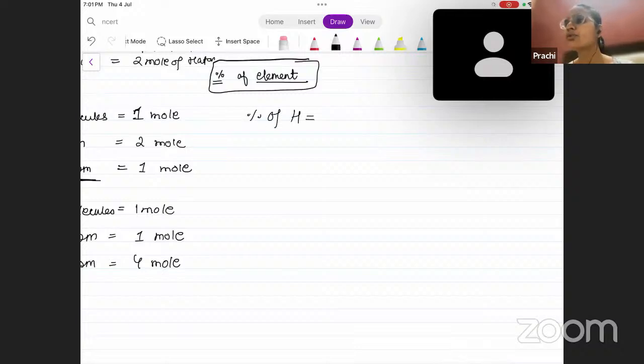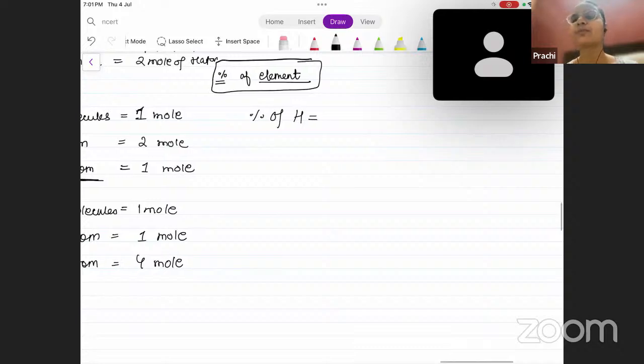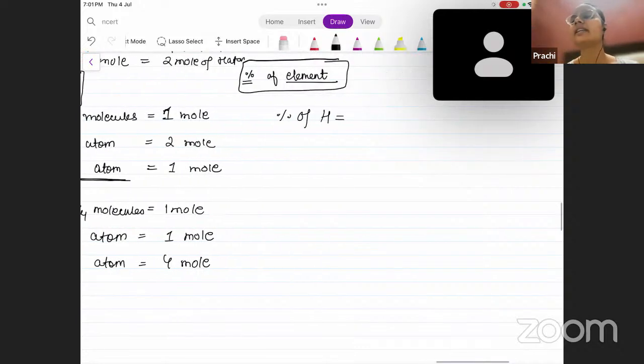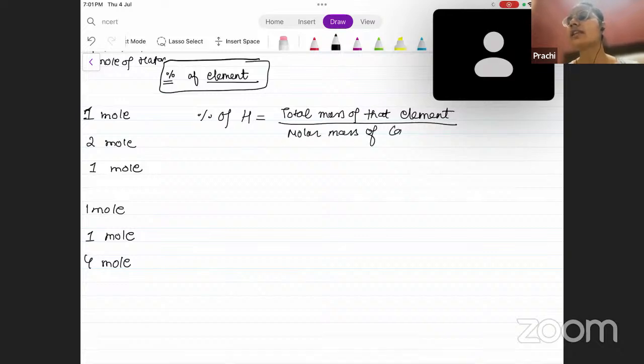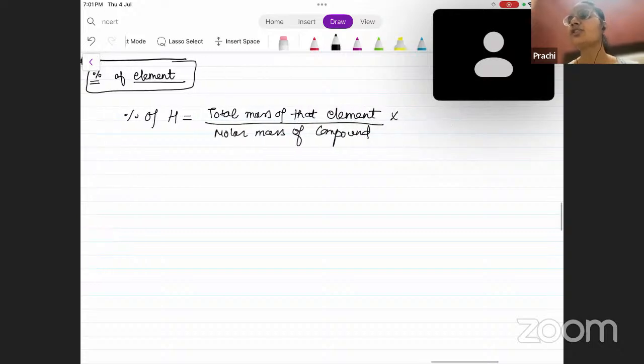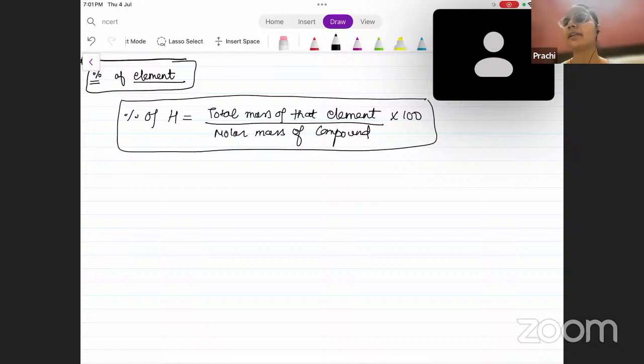You have to write the total mass of that element and then divide it by the molar mass of the compound, into 100, and that's how you find the percentage of the particular element.